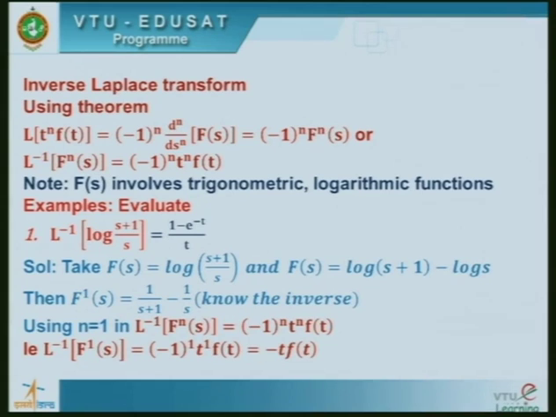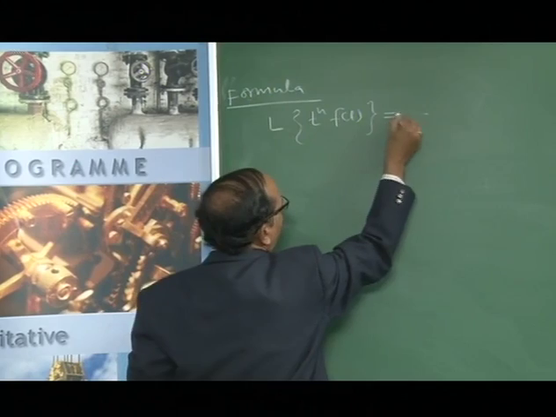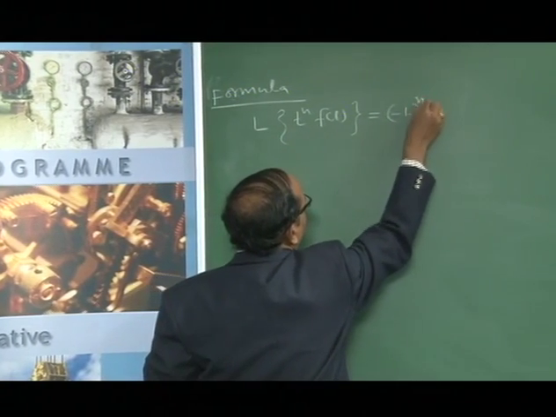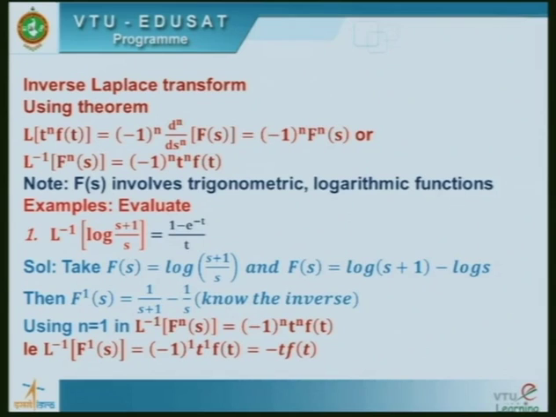One of the formulas is, you studied already in Laplace transform, L of t raised to n into f of t. f of t is multiplied by a polynomial t raised to n, that is equal to minus 1 raised to n, then differentiate n times the function F of s.